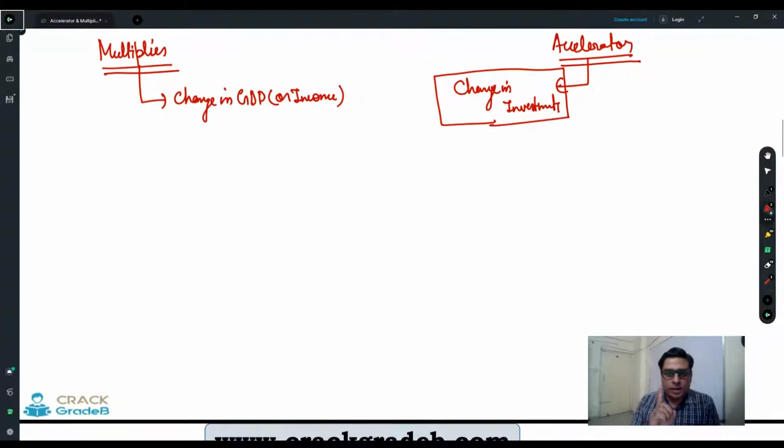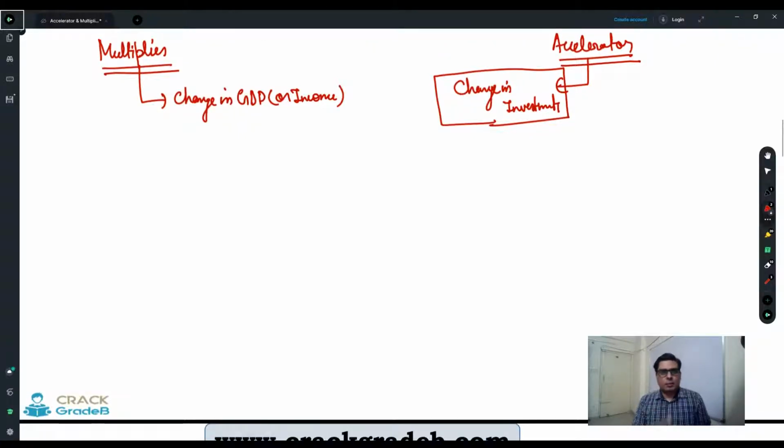Right now I have only one investment, that is the car. With that car, how much income am I able to increase, that is the multiplier function. If I have one car and now I am looking at what I should do so that I can have one more car for income generation, that is the accelerator.